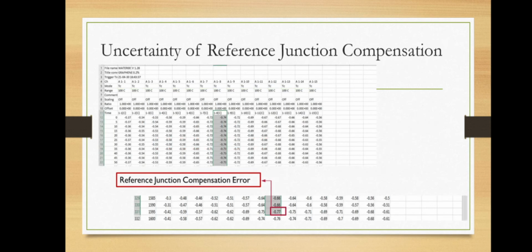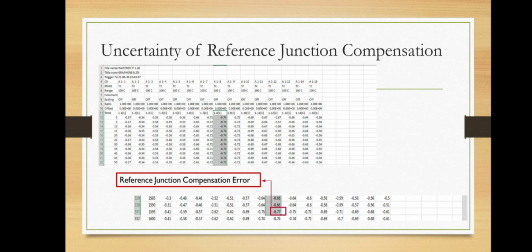For the uncertainty of reference junction compensation, the figure above shows the results at 5-second intervals over 1 hour among 15 channels of the data logger. The ice bath temperature is almost 0 degrees Celsius when the ice bath is filled with shaved ice and water. So, the true temperature is 0 degrees Celsius.